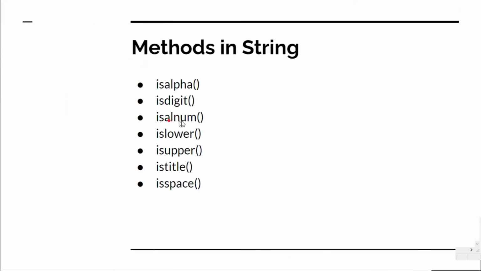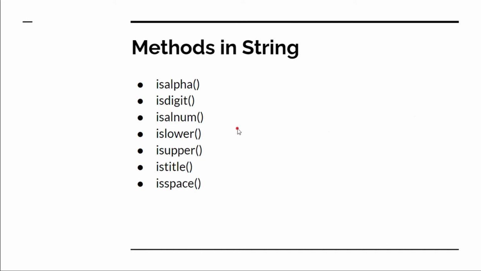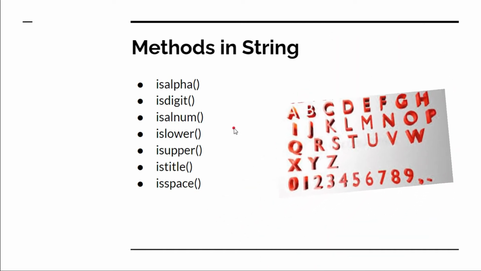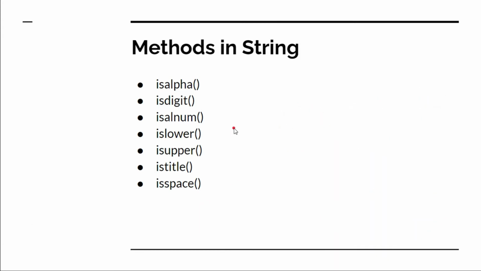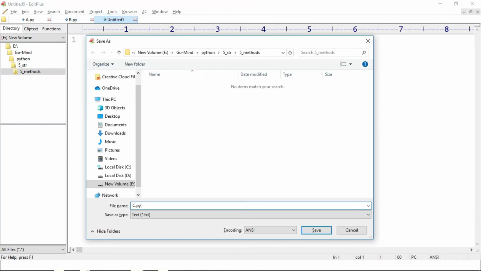It is isalnum. This method will return true if the characters of the string are alphanumeric. Alphanumeric means alphabetic or numeric. Okay, so the string will return true if either all the characters are alphabetic or numeric, or the combination of both. Okay, so let's see. c.py.